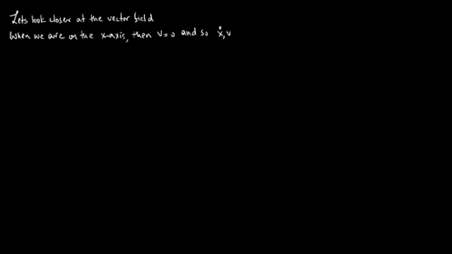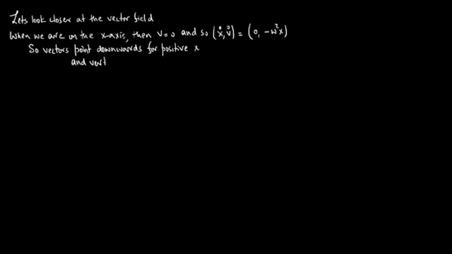Now let's look closer at the vector field. When we are on the x-axis, then v is equal to 0, and so (x dot, v dot) is equal to (0, minus omega squared x). So vectors point downwards for positive x and vertically upwards for negative x.